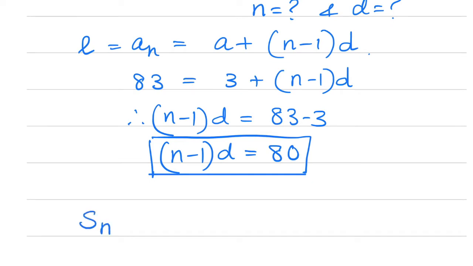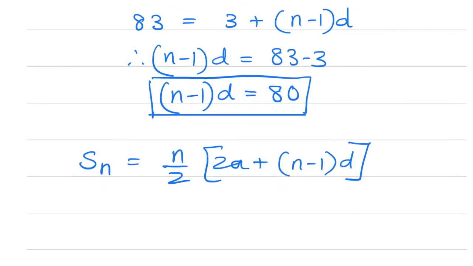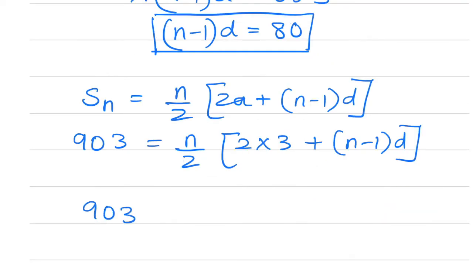So the sum of n terms formula is n by 2 into twice a plus n minus 1 into d. Sn is given as 903, equal to n by 2 into 2 multiplied by 3 plus n minus 1 into d. 903 is equal to n by 2 and here we have 6 plus n minus 1 multiplied by d. We can substitute as 80.